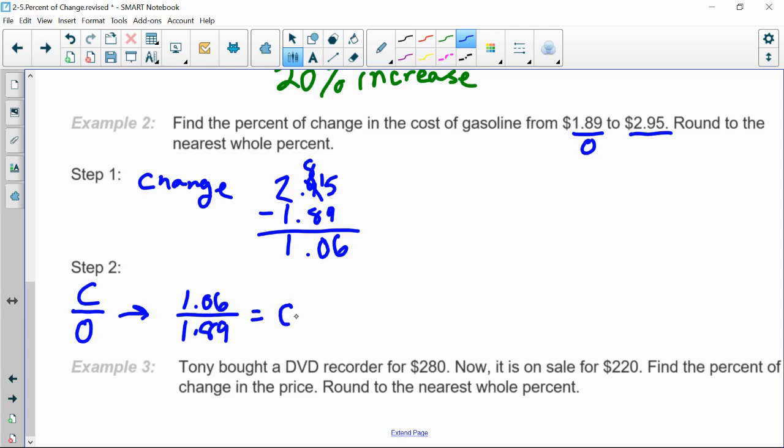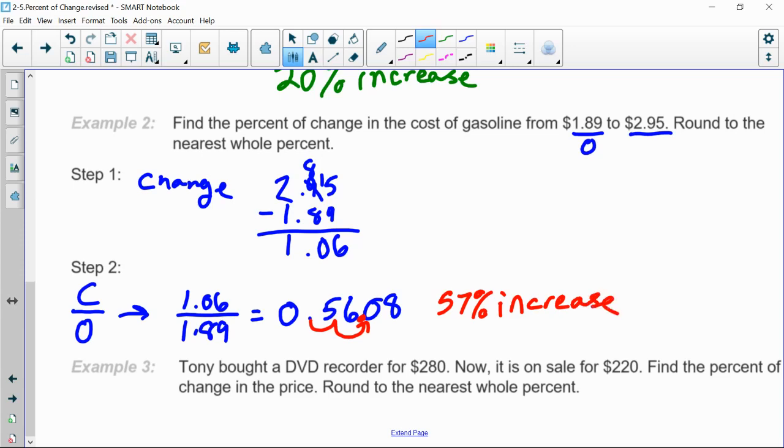When I get this in the calculator, this is what it looks like. Then we move our decimal over twice because basically we're multiplying by 100. The whole percent is just this part. The 0 is not going to push this up. So we have 57%. Did we go up or down? We went up, so it's an increase.